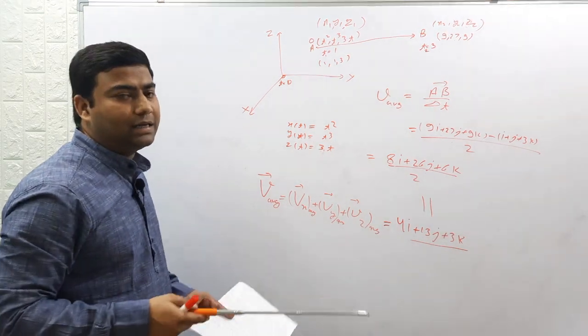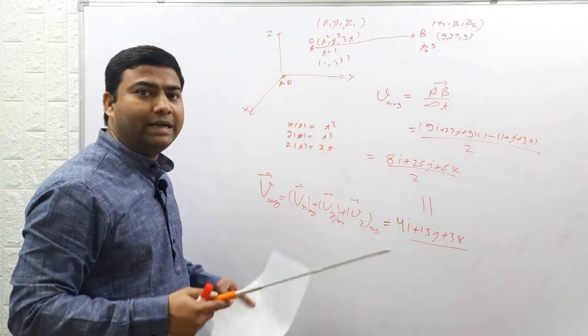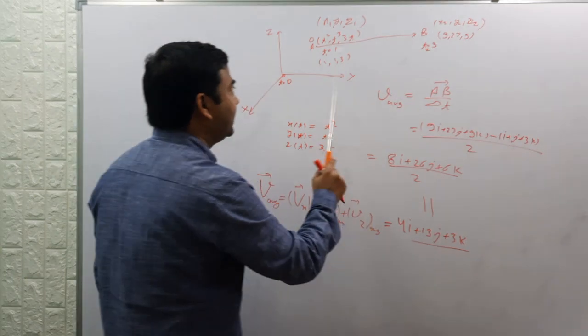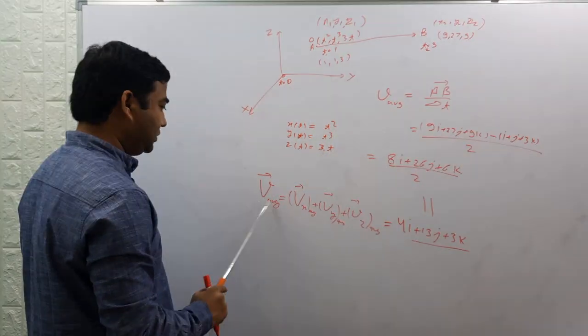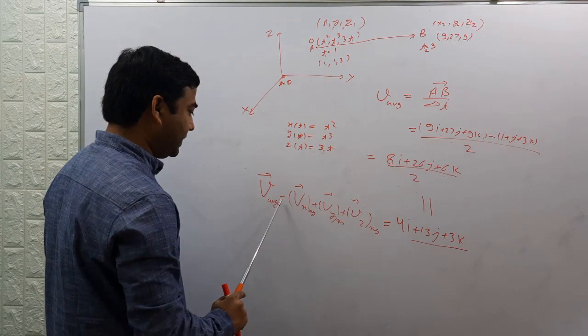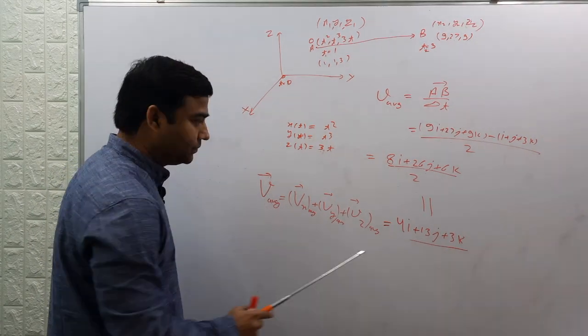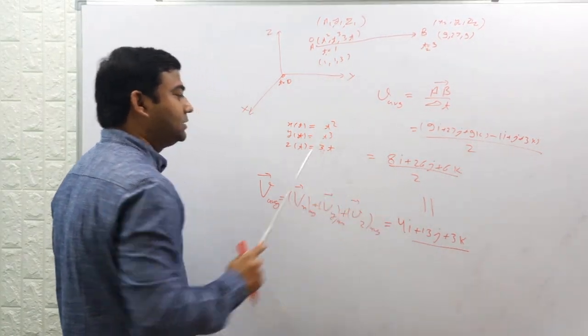So there are different methods. All methods are connected with each other. So directly, average velocity you can find from this displacement divided by delta t, or average velocity from vector addition of average velocity in xyz direction. So in both cases you will get the same average velocity.